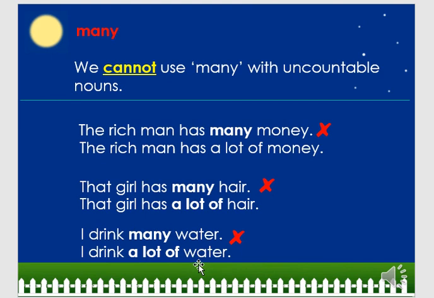So you see, in the past 5 to 7 minutes, we have learned how to use quantifiers in different contexts depending on the nature of the noun, whether it is countable or uncountable.